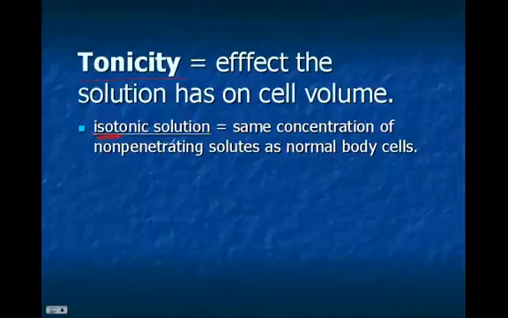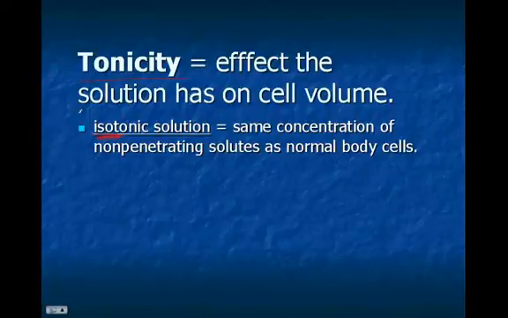So isotonic would mean that you would have no net movement of water molecules. If our solute concentrations are equal on both sides of the membrane, then the concentrations of water molecules on both sides of the membrane are equal.